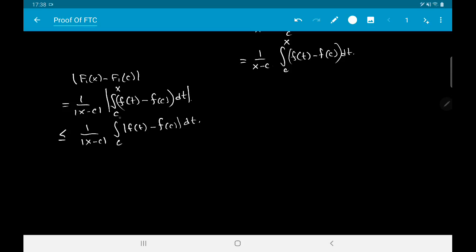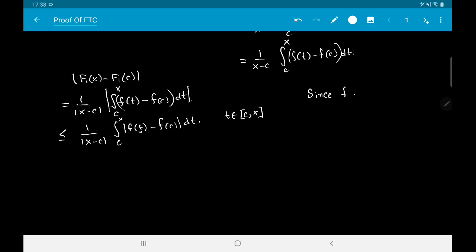Here the integral goes from c to x. Fair enough. Now we know that this t lies somewhere in the interval c to x, and we are not going to forget this. But we have not used the fact that small f is continuous yet, so let us use this fact now.